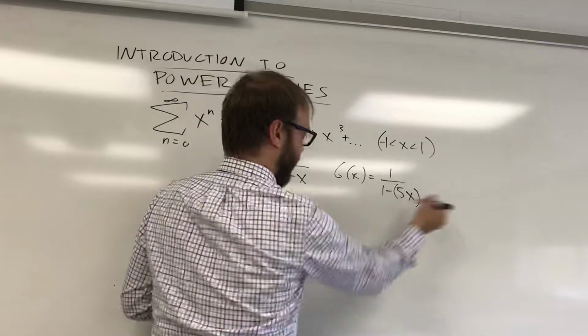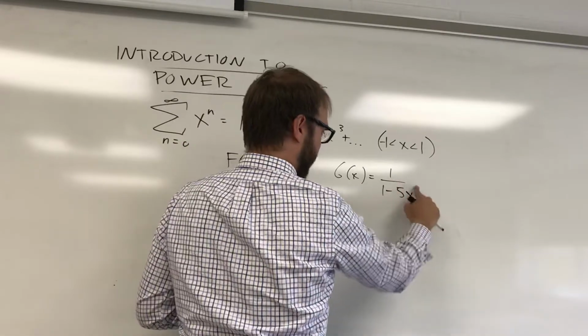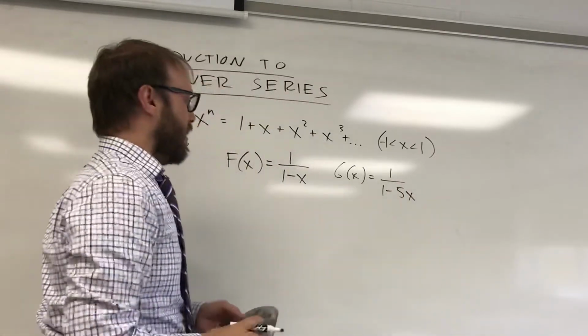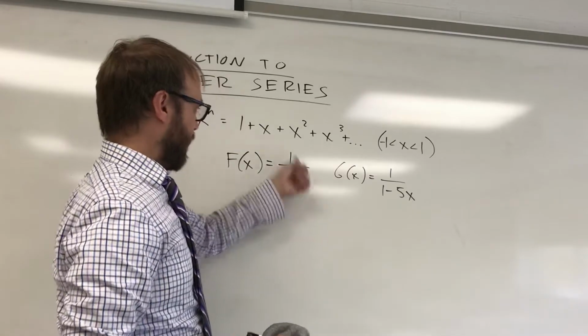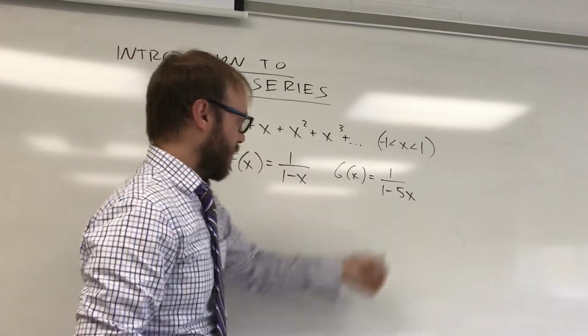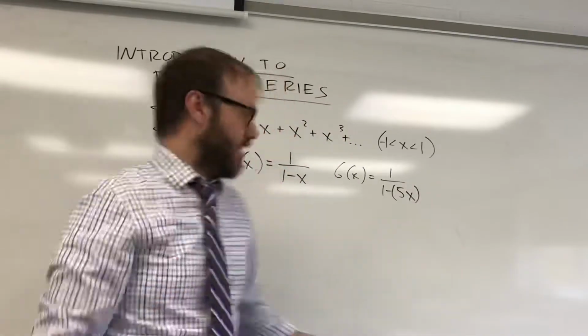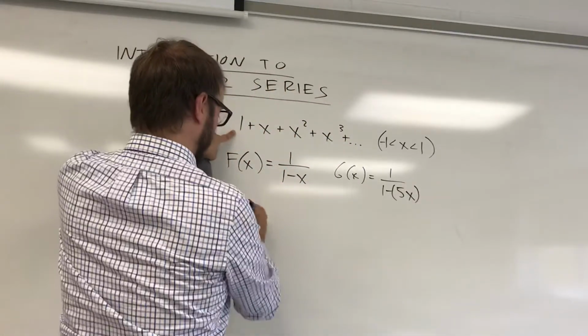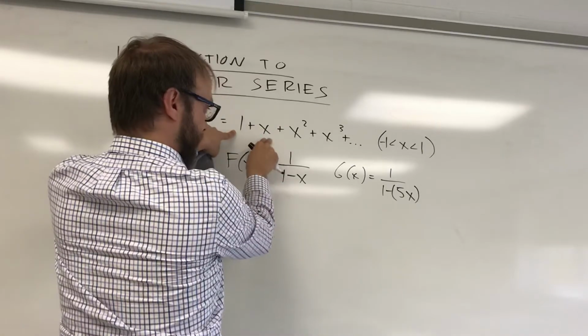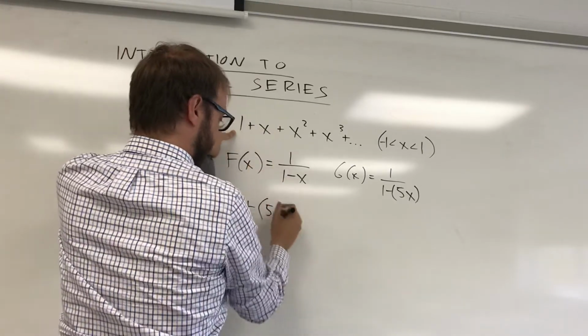So if I was going to model this type of scenario, 1 over 1 minus 5x, instead of x, everywhere where I see an x in this function, I'm going to be putting a 5x because that's what the value being input into the series is. So that would be 1 plus, my input in place of the x would be 5x.